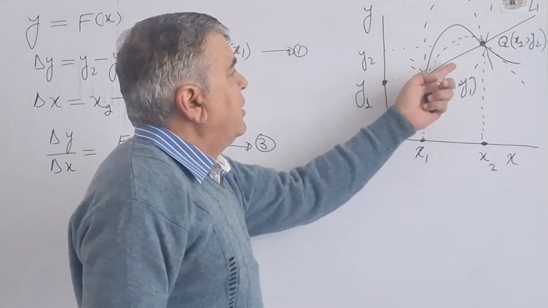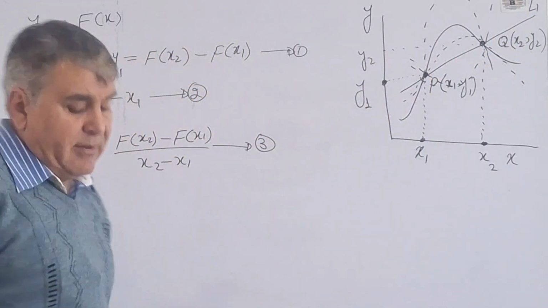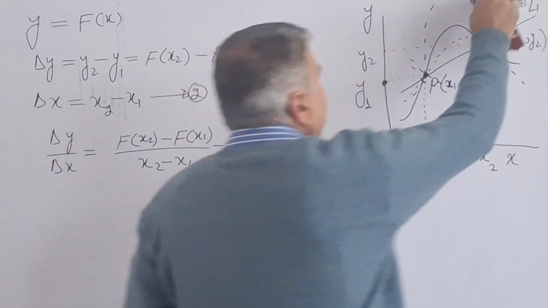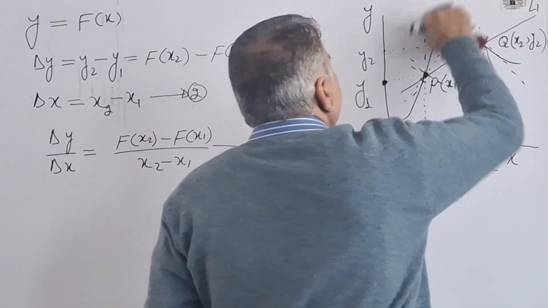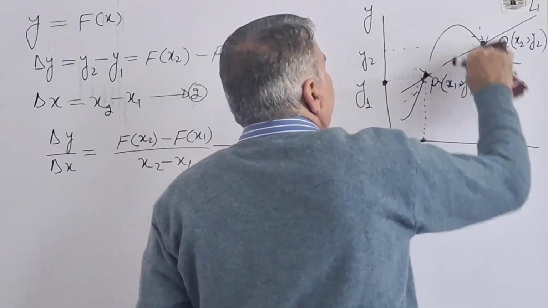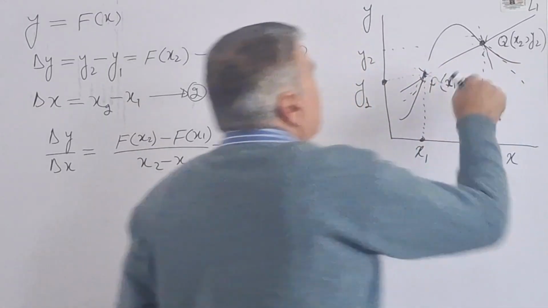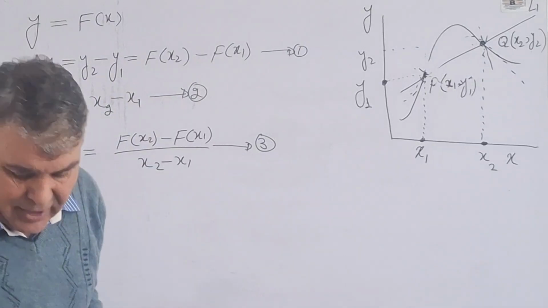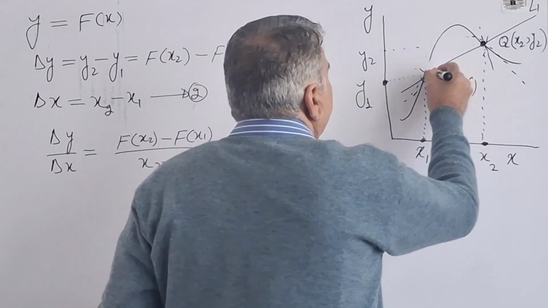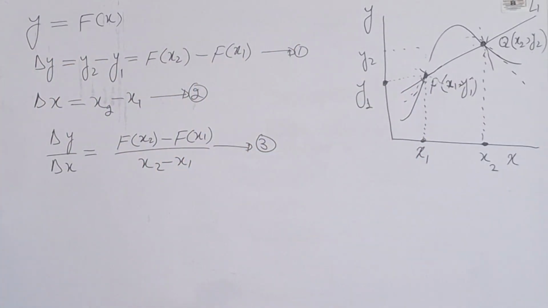For this curve, even this line L1 provides the same information. So equation 3 is a good equation, but it is unable to differentiate between the infinite number of curves that are passing through point P and Q. Or in other words, the information provided by equation 3 is very limited.